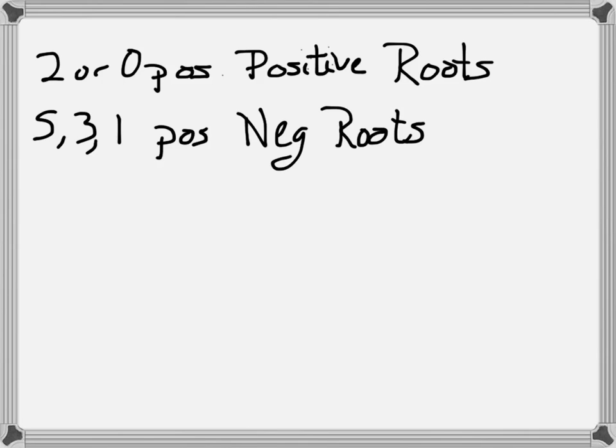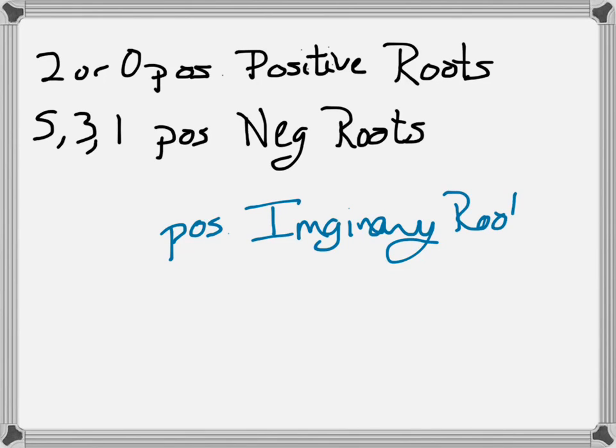Now, let's look at the imaginary. So let's figure out our possible imaginary roots. This goes back to the degree of your polynomial. So, for our degree, what do we have? We had a 7th degree. Can we have an odd number?